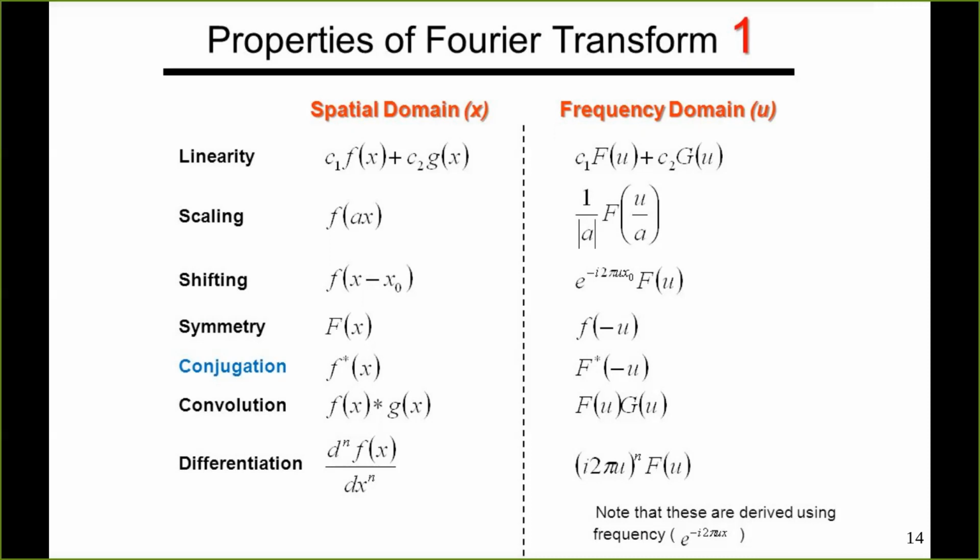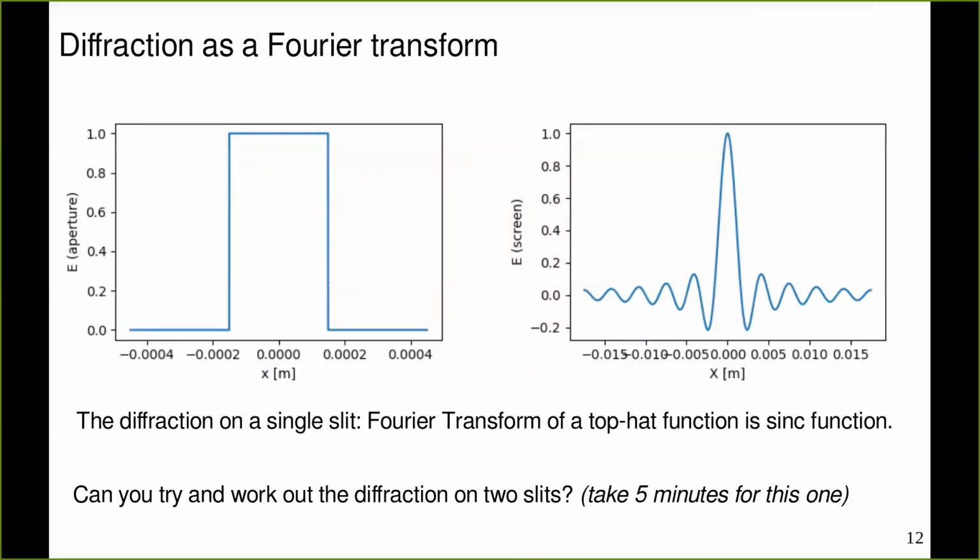So once again, for the one slit case, we had one top hat function, and as a result, we got sinc. The question is how we would approach the problem of having two top hat functions, just at different locations.